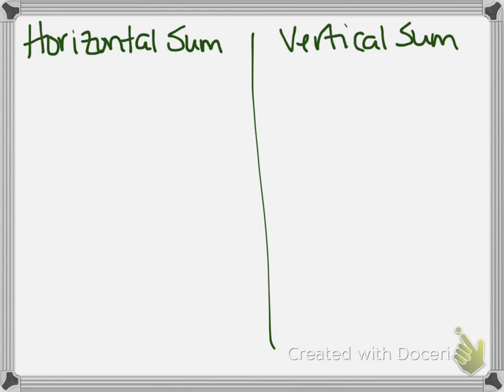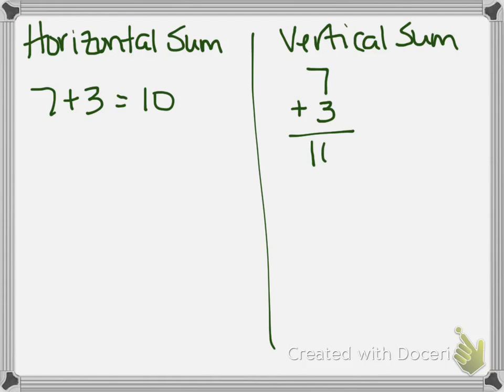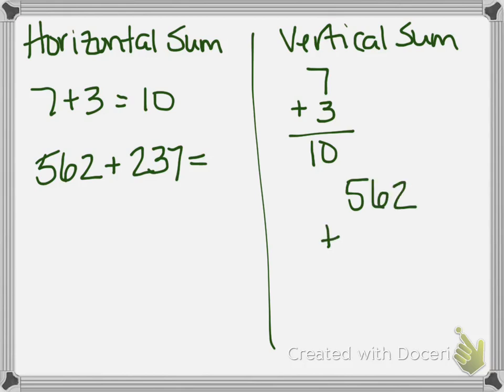For example, if we're just doing numbers, if I had 7 plus 3, that's nice and easy, 10. It doesn't really give me any advantage to write it this way. But if I had 562 plus 237, I get my answer, but it's a whole lot easier to add these two if I line them up vertically. 9, 9, 7.